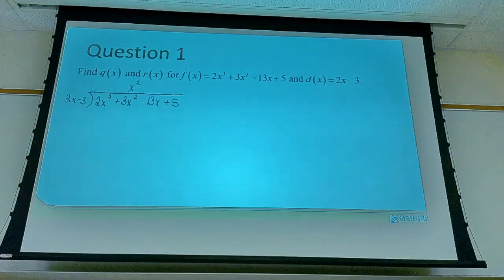Now perform the multiplication. And you subtract.